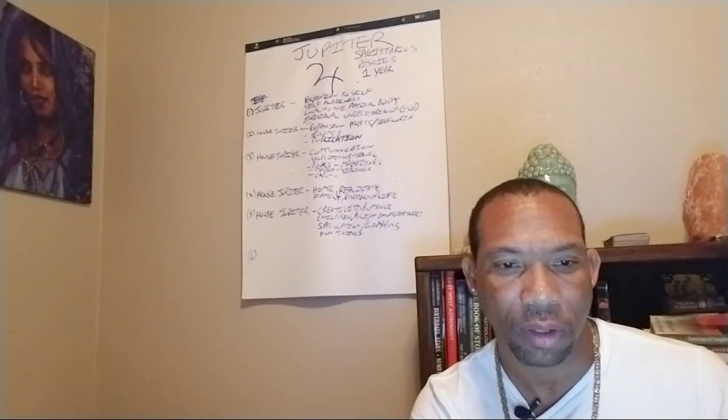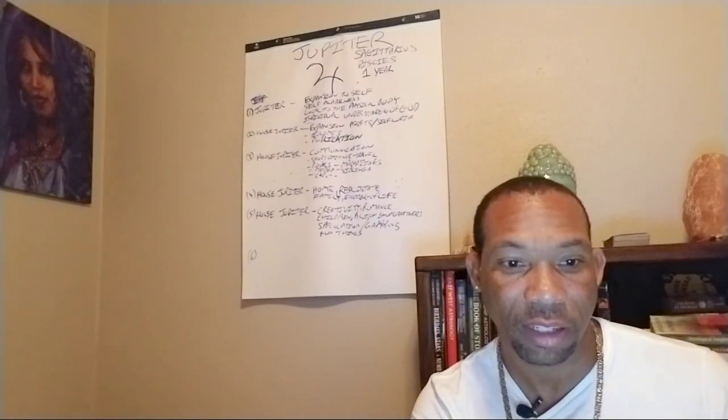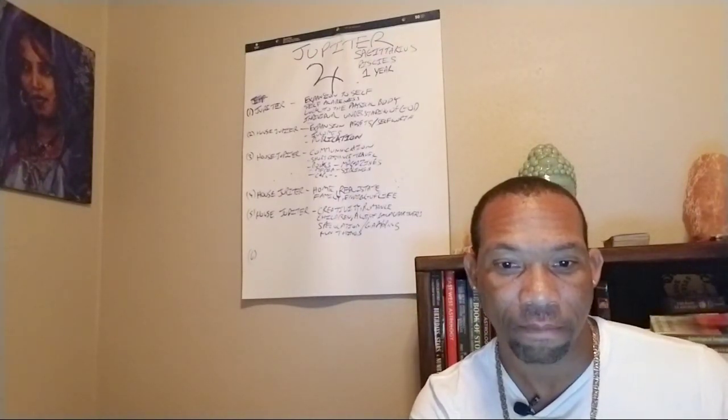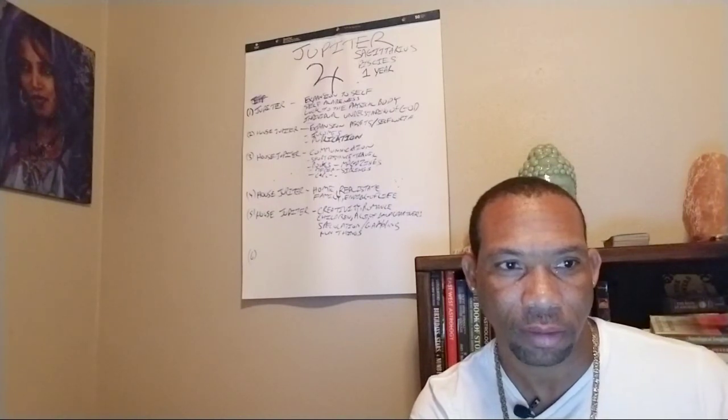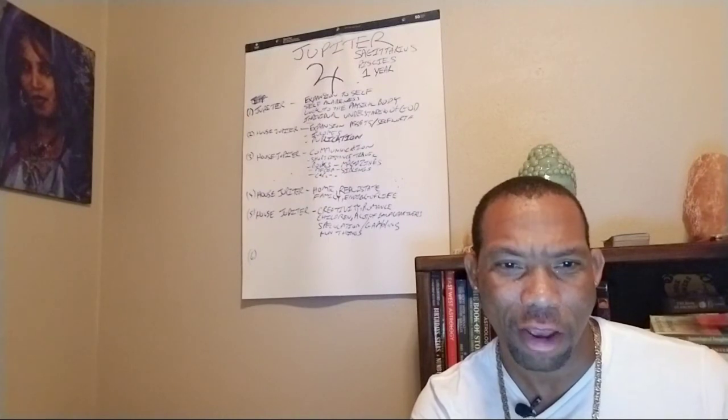Scroll down. There's a lot of people. Okay, let's see if Mariah Carey has this, because it's showing that she does. She doesn't. She has Jupiter in the 7th, which is the reason why she gets married so much.